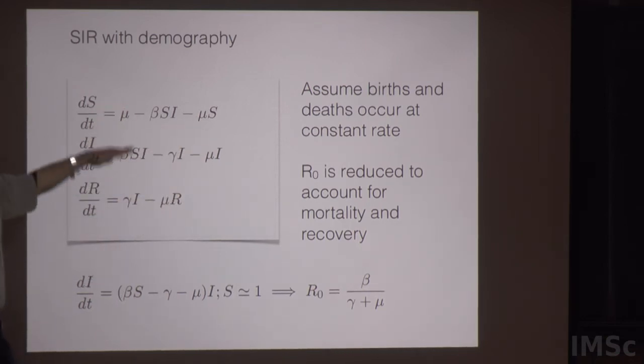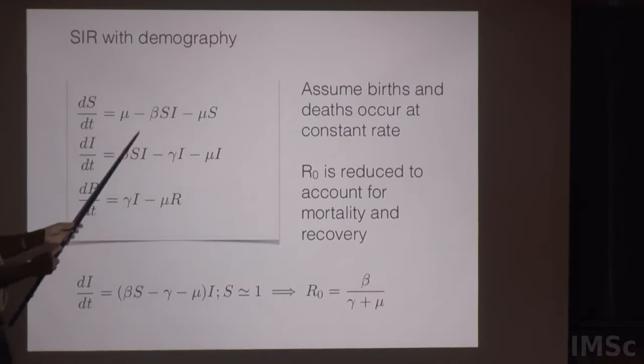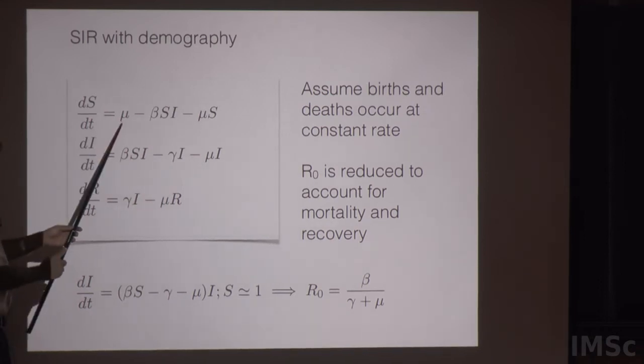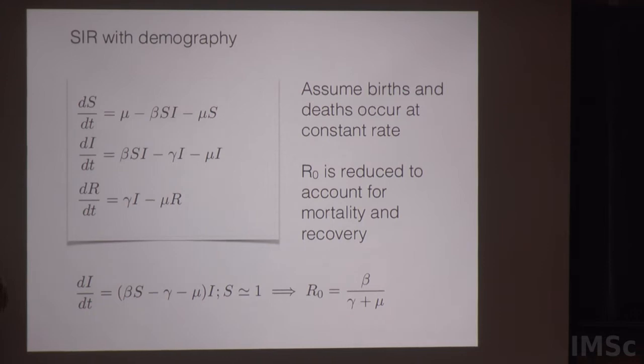Now, add these equations up together. As you remember, these equations initially were written down in a very specific way, by which this cancelled this, this cancelled this, but now I have extra terms. I have mu here, I have minus mu S, minus mu I, minus mu R. However, if S plus I plus R is 1, then this term is exactly cancelled by this term.